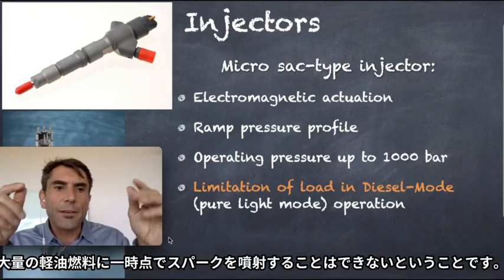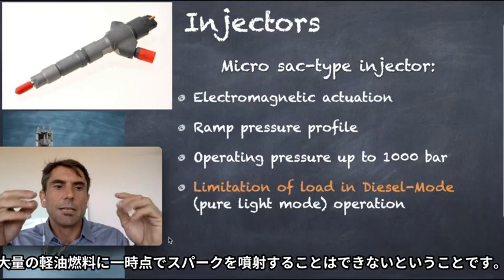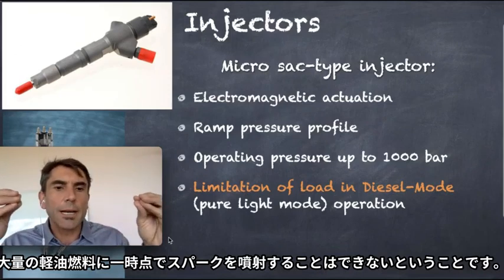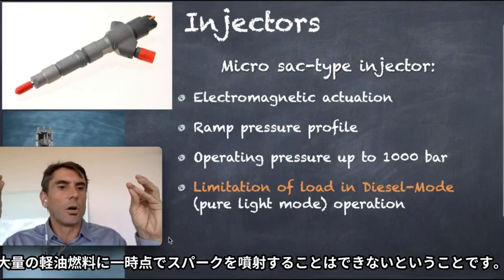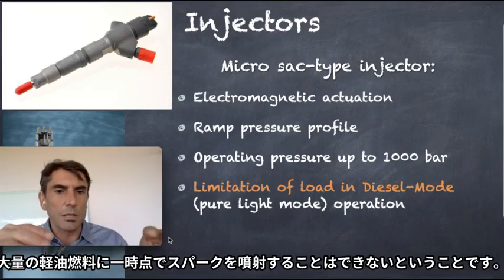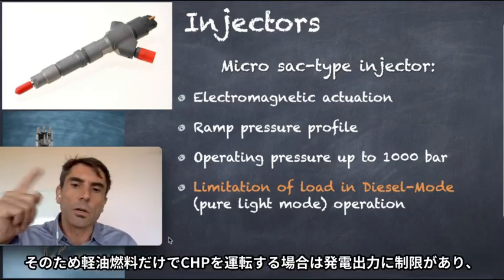The negative on the other side is that the injectors are not designed to spray a big amount of diesel or pilot fuel into the engine. That's why we have the limitation.